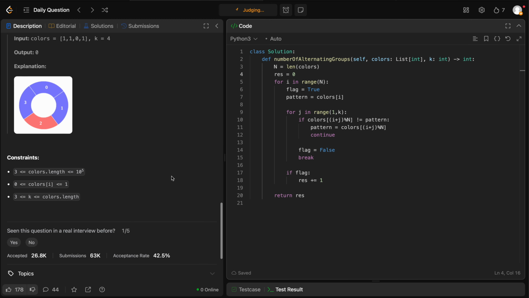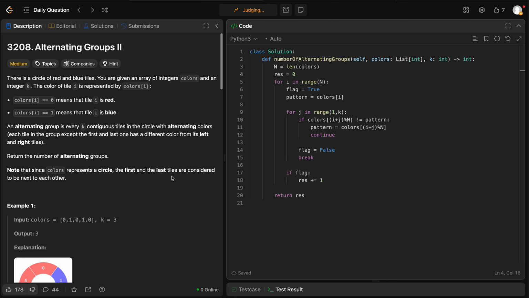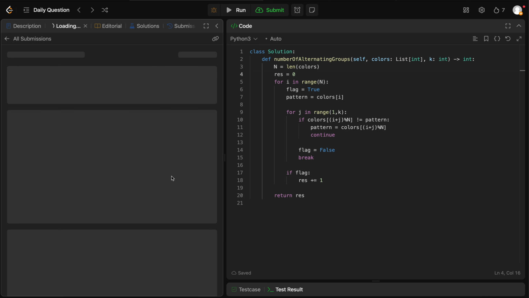At least colors of 5, at least 3. Let's see. Crazy slow.